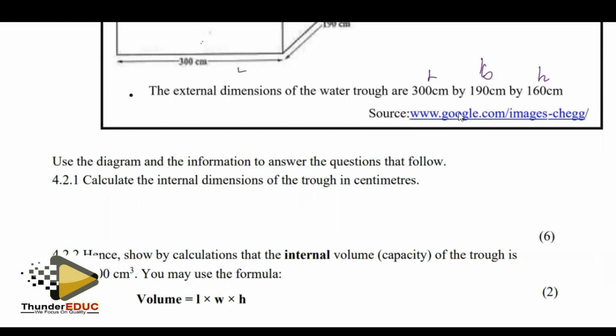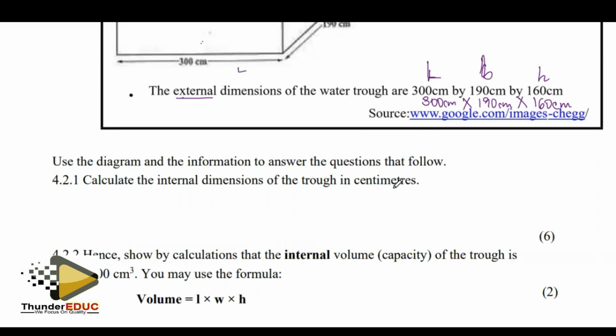Sometimes they will put the times sign. The times sign means by. If it's given in this order, you also understand it's this other form here. But these are external, outer dimensions. So, calculate the internal dimensions of the trough in centimeters.